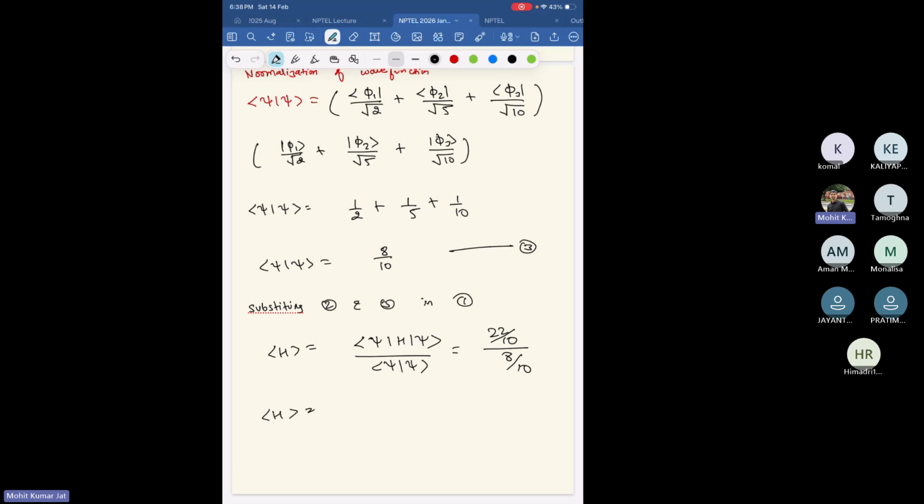So the value which you get is roughly 22 by 8, which is 11 by 4.